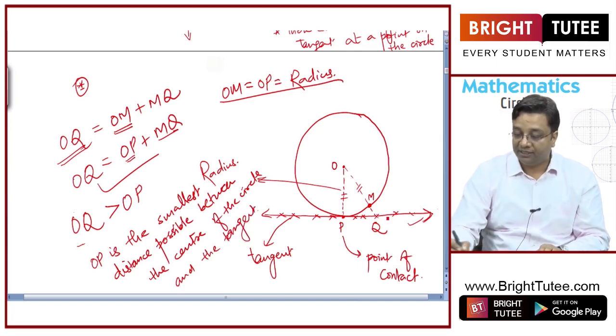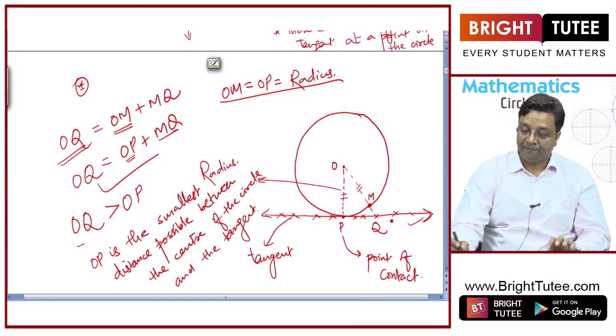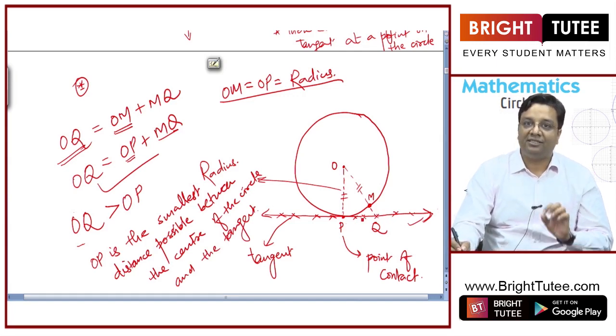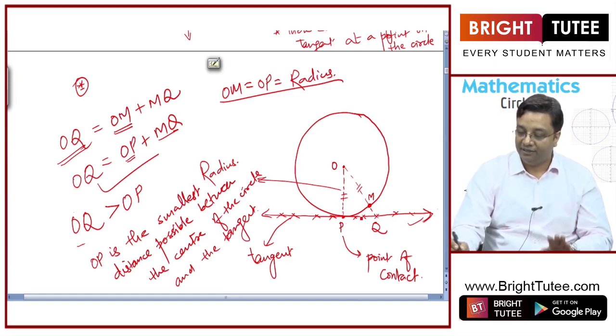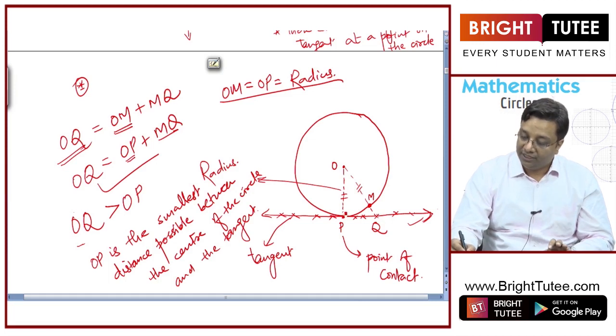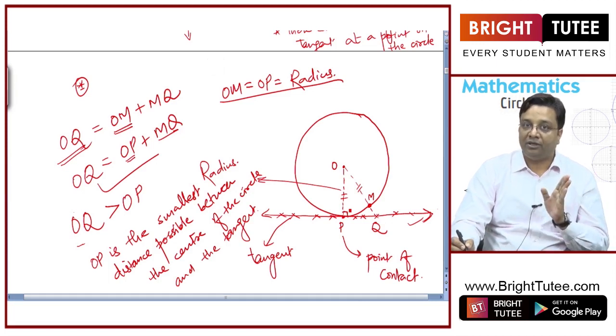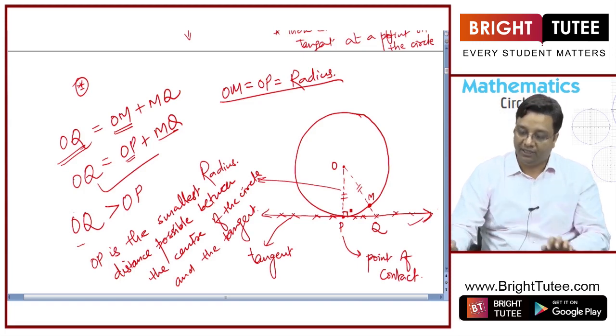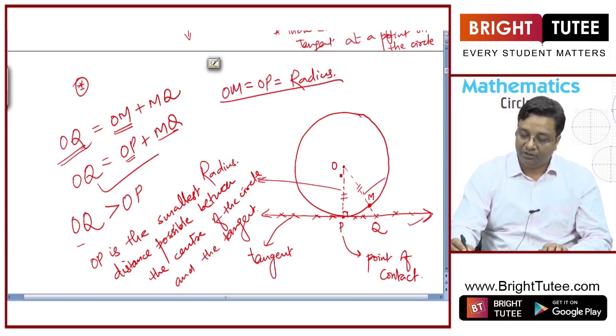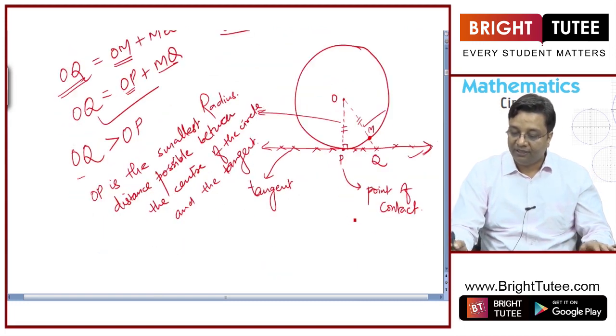Now if you consider this as a triangle, let us say OPQ, okay, so you will see that OP is the smallest side, right? OQ is always greater than OP, okay, so OP is always smaller than OQ. So we can say that this angle is 90 degrees, because in a triangle the perpendicular is always smaller than the hypotenuse, right? So this is the hypotenuse and this is the perpendicular line, right?